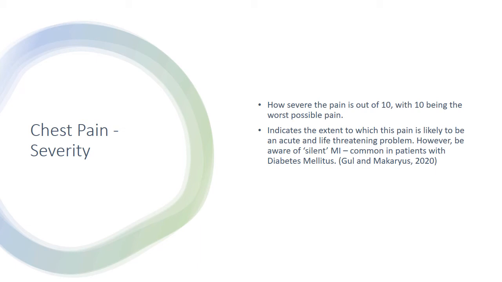There was very little else within the history to suggest anything serious. But on ECG, that was the only way really to pick up on him having an ST elevation MI. But he did have a history of diabetes mellitus, so he was having this painless silent myocardial infarction. Obviously, that could have been potentially life-threatening had I sent him home without the appropriate investigation on that day.